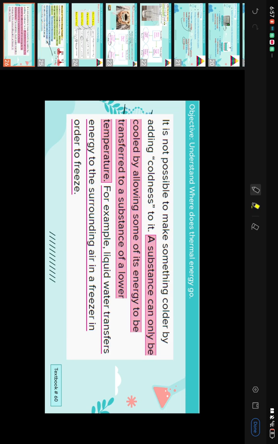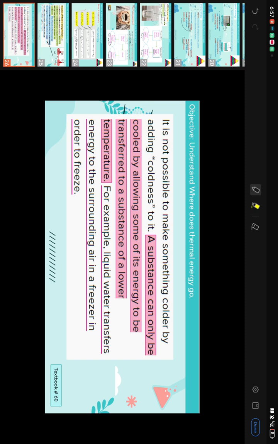A substance can only be cooled by allowing some of its energy to be transferred to a substance of lower temperature. For example, liquid water transfers energy to the surroundings in the freezer in order to freeze.